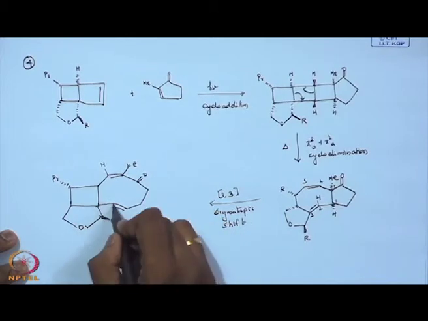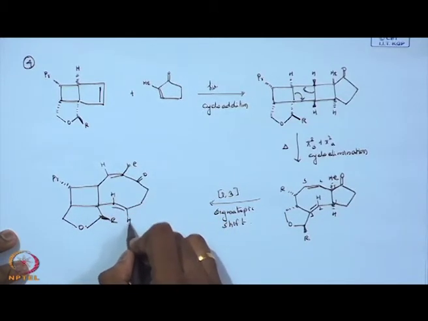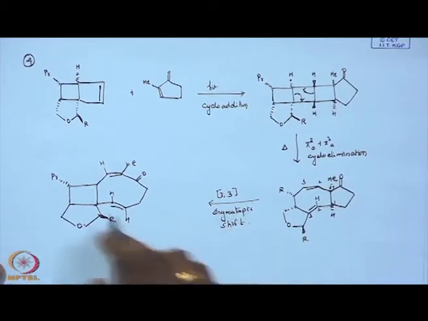So you get your product, you get your 1 2 3. So 3,3 you get your compound.